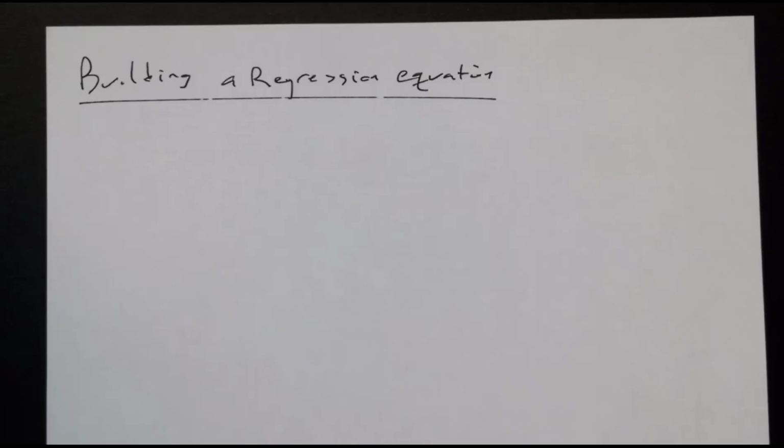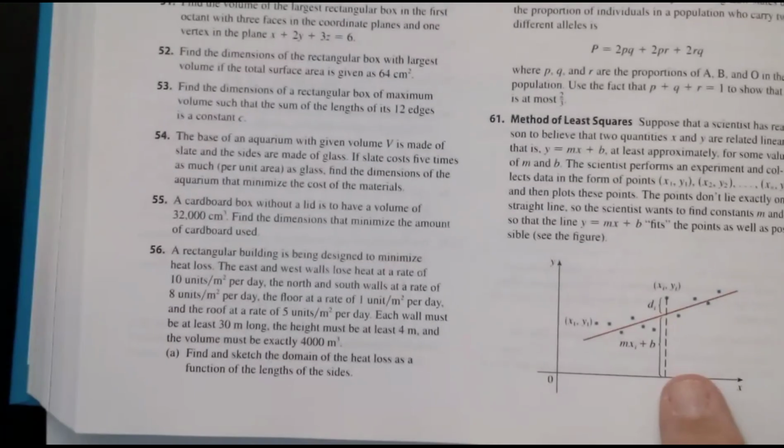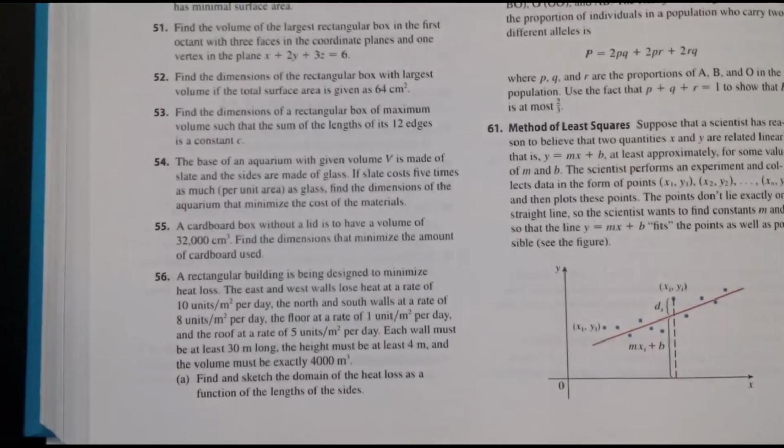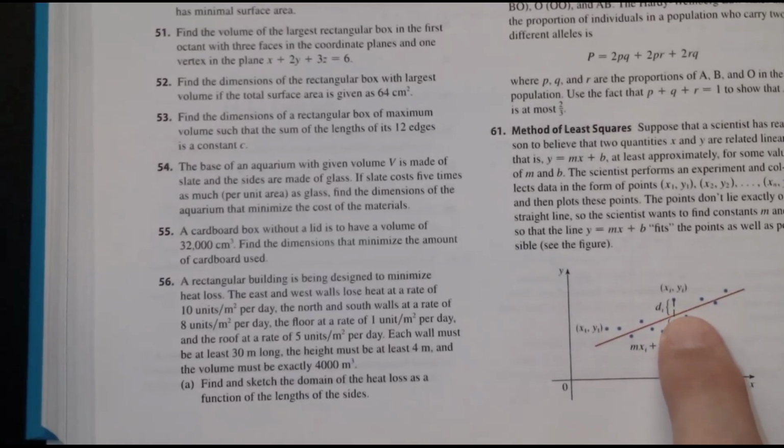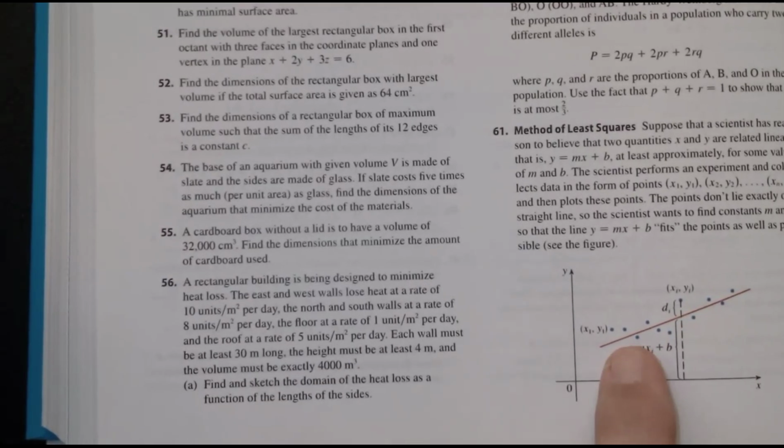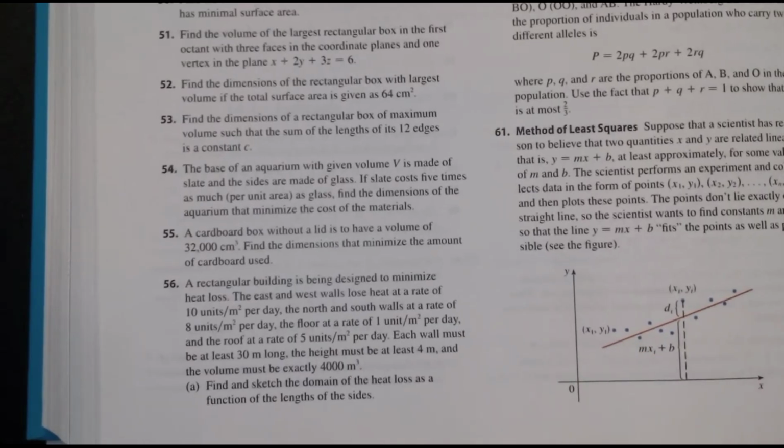Those distances are the distances from my prediction line to the data points themselves. So I would have some scatter plot looking like this. And I notice that each point has some distance above or below this predicted line.